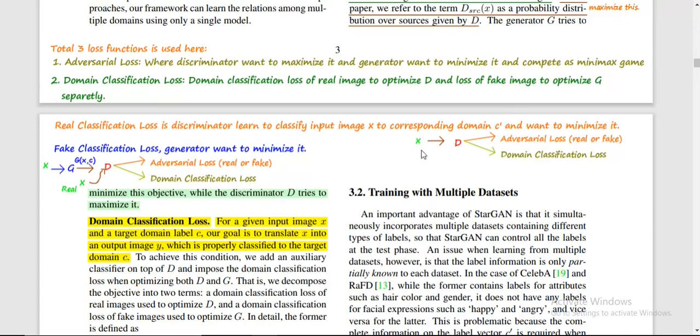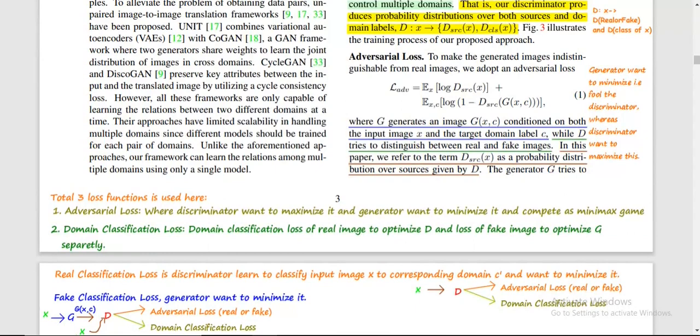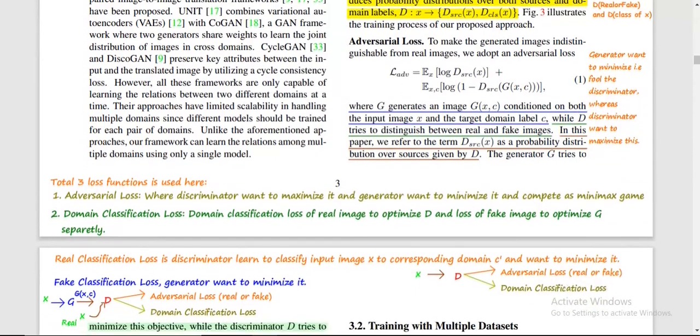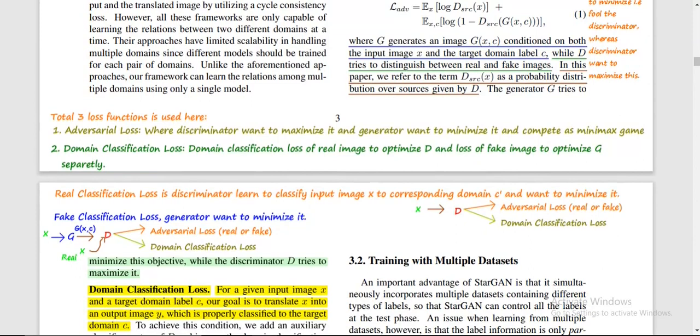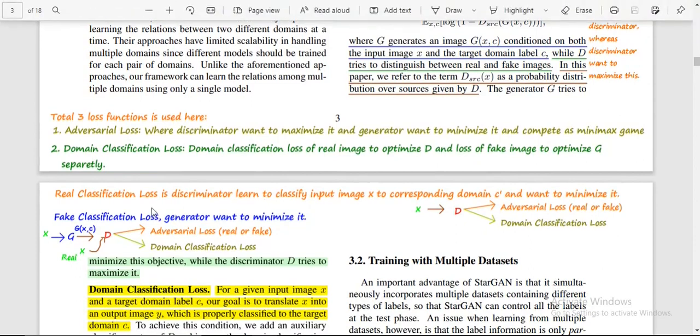For example, the real image or the fake image is given to the discriminator, and it produces the adversarial loss and the domain classification loss, and that is the real classification loss, right? We gave the real image as the input, and the discriminator produces this loss. Another is the fake classification loss, which the generator wants to minimize, that is this. If you see, D_src(G(x, c)) is similar to the fake classification loss.